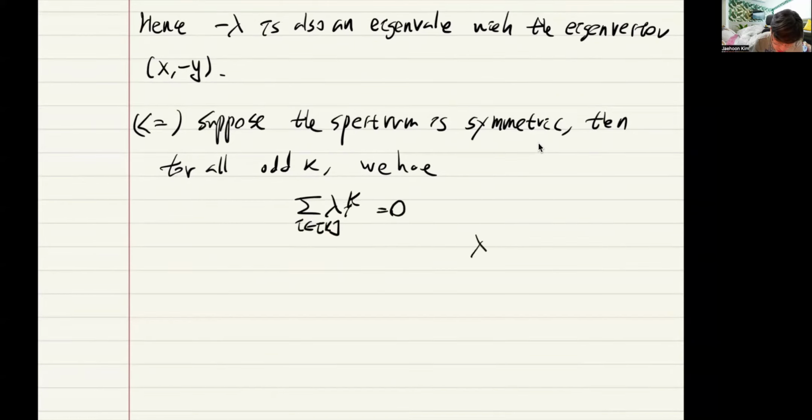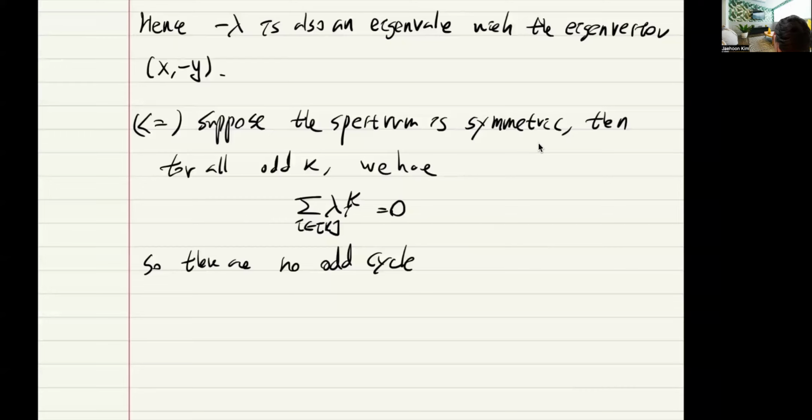For odd k, lambda i and negative lambda i, if you take the k-th power, they cancel out. Then there are no odd cycles. No odd walks. No odd closed walks. So the graph is bipartite.